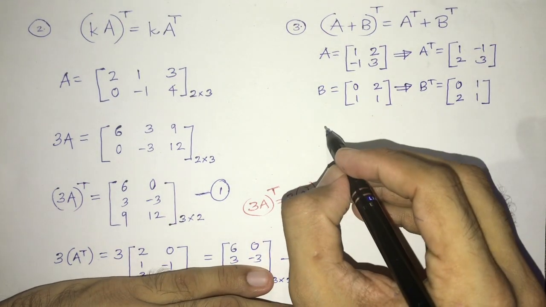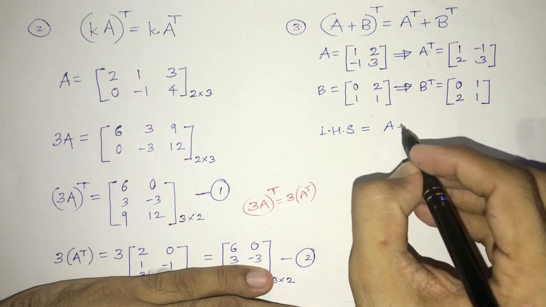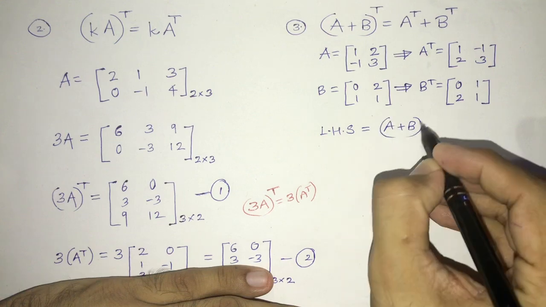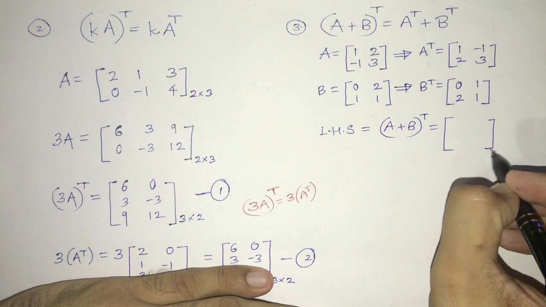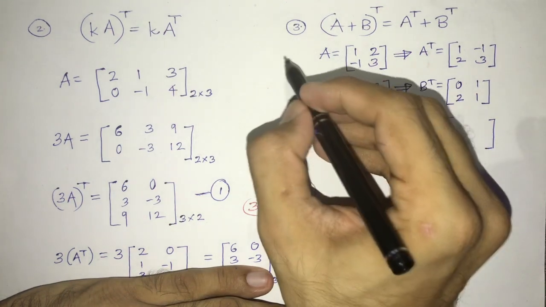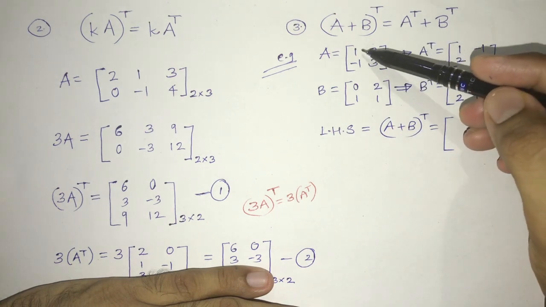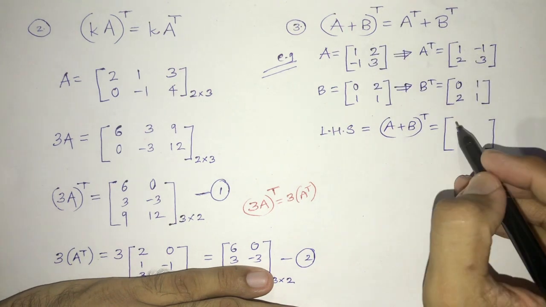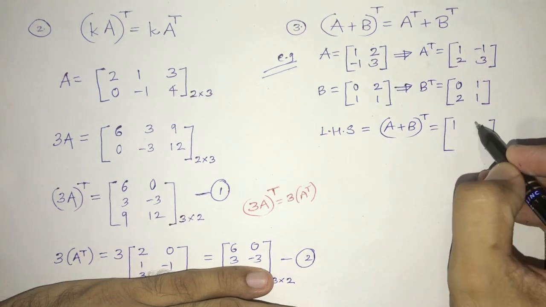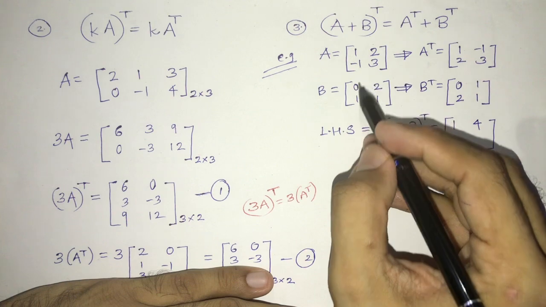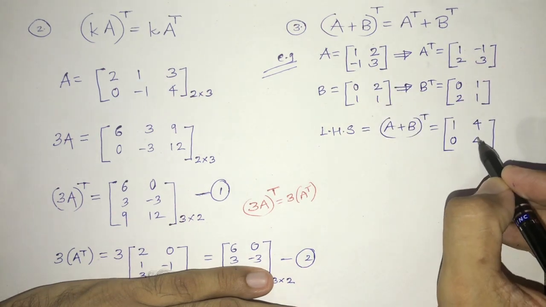Now if I see, LHS is (A plus B) the whole transpose. So I'm going to add the matrices we have taken in the example. So 1 plus 0, we're going to get 1. First element will be added with first element, second element with second element, 4 will come. Third will come, minus 1 plus 1 is 0, 3 plus 1 becomes 4.